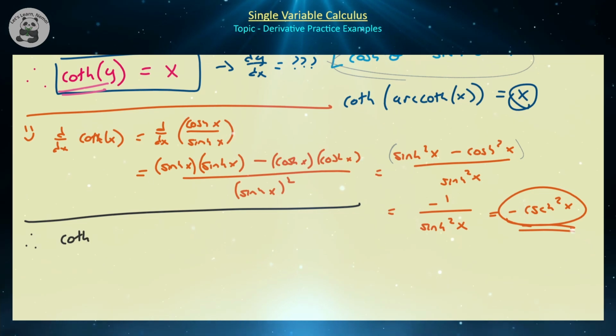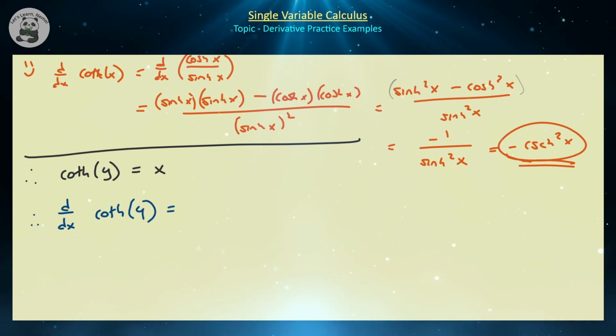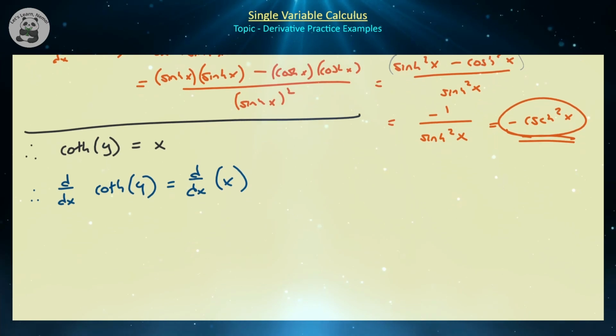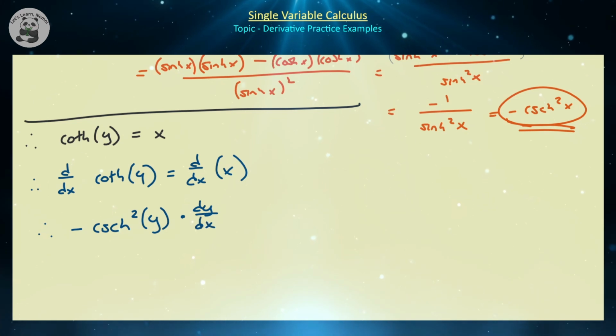So we have the hyperbolic cotangent of y is equal to x, and I'm going to take the derivative of both sides with respect to x because I want to find dy over dx. So what is that going to give me? We know that the derivative of hyperbolic cotangent of something is going to be equal to minus hyperbolic cosecant squared of something times the derivative of that something with respect to x, and the derivative of x with respect to x is just equal to 1.